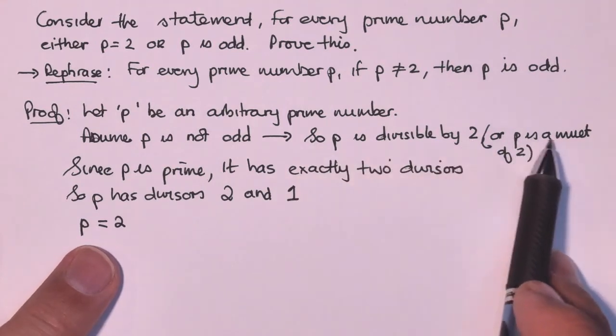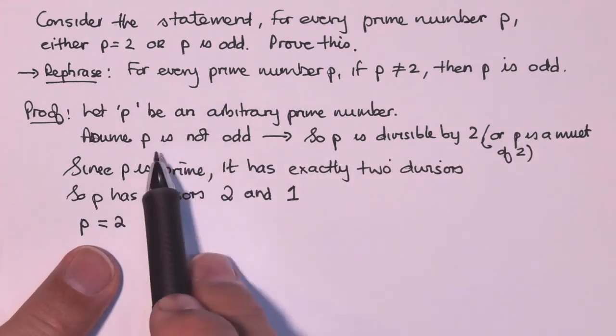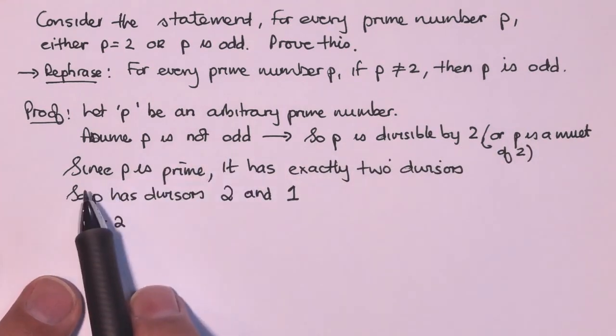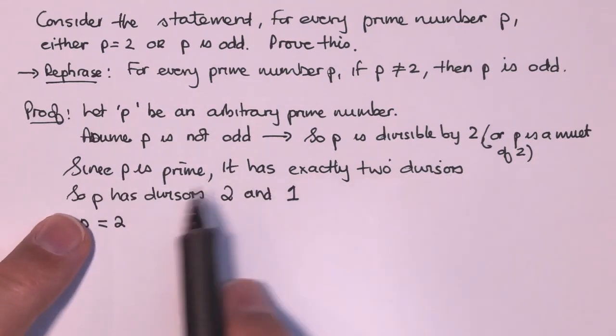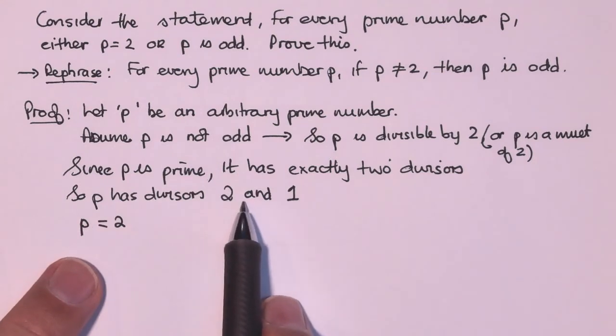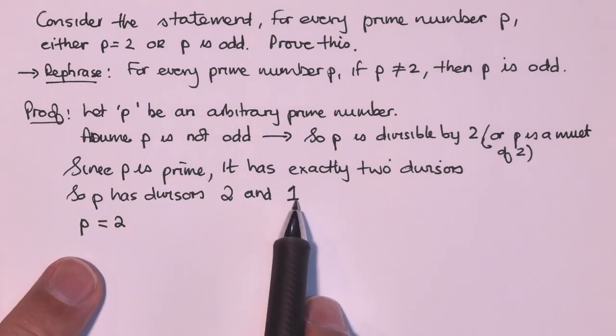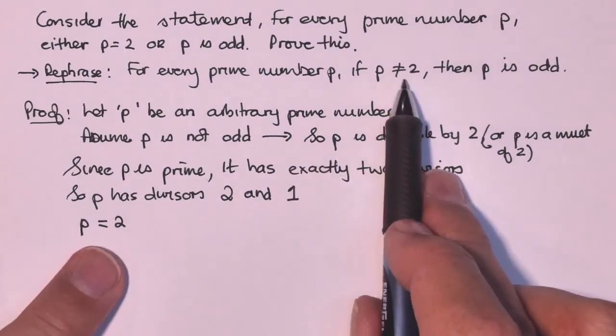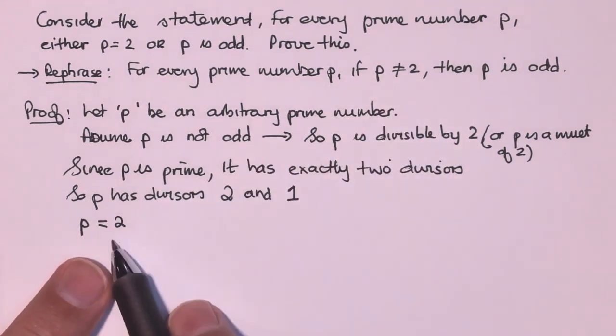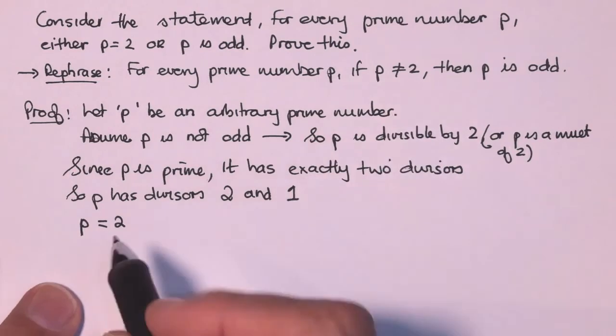So p is divisible by 2 then, because it's not odd. And since p is prime, it has exactly 2 divisors, which means that p has divisors 2 and 1, which means the number that I'm working with here is indeed equal to 2, which negates that.